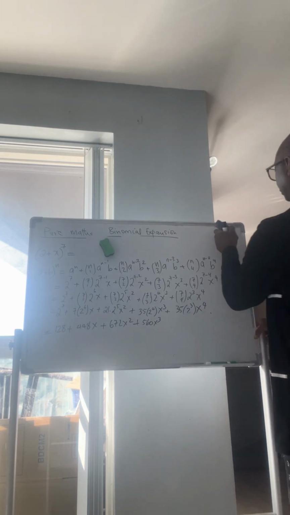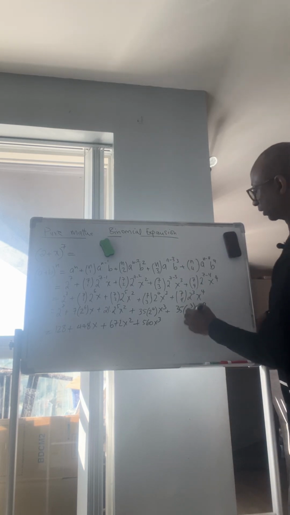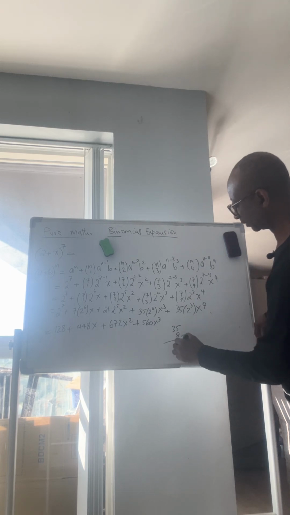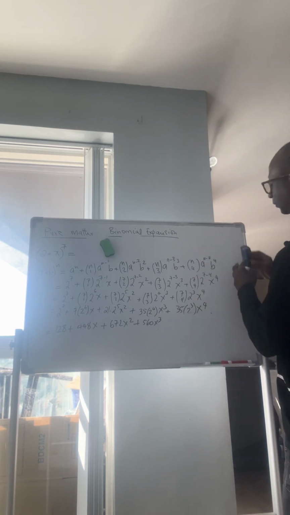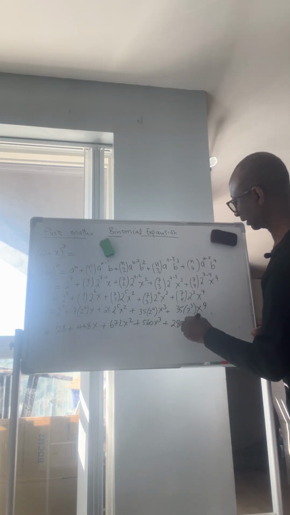You are getting there. This one, 2^3 is 8. So you have 35 times 8. 8 times 5 is 40, carry 4. 8 times 3 is 24, plus 4 is 28. So you get 280x to the power of 4.